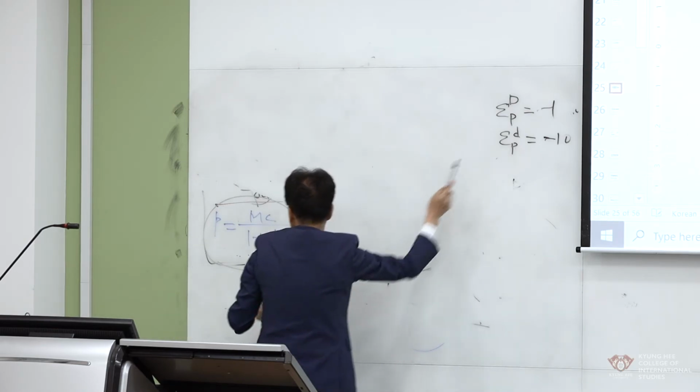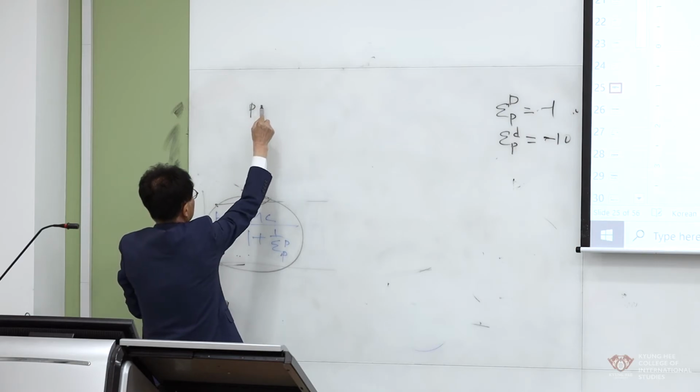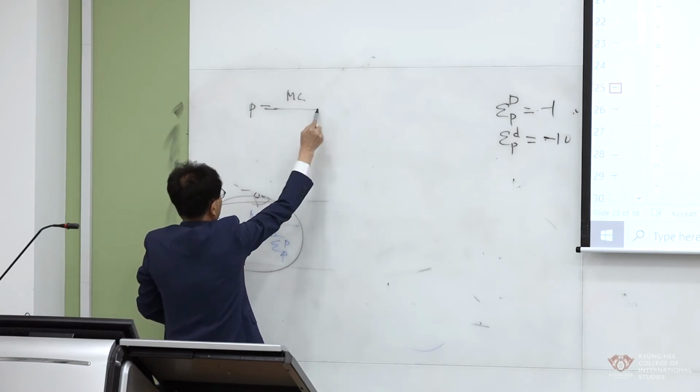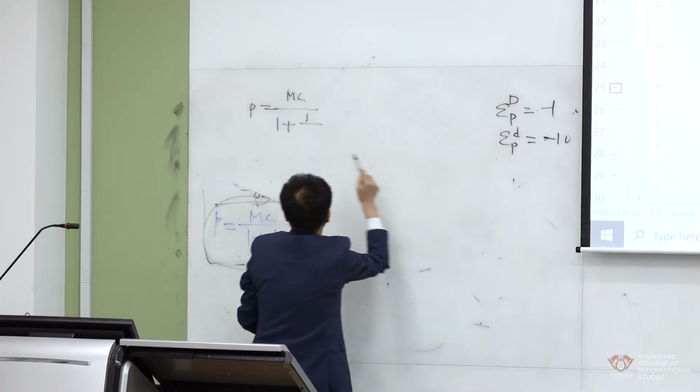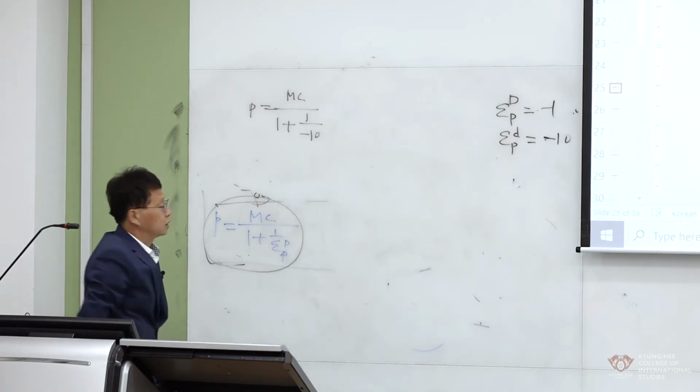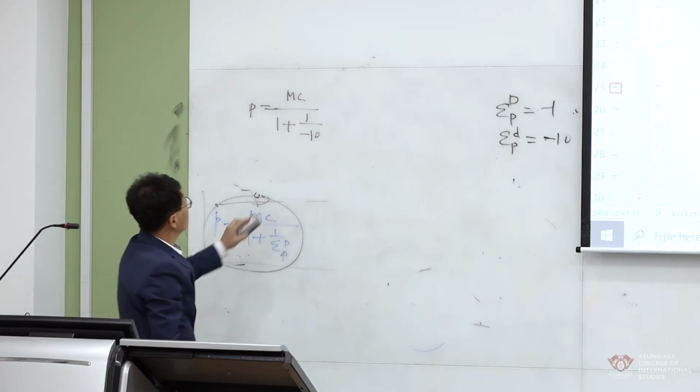This one is -10. So then price is equal to marginal cost over 1 plus 1 over -10. So we can read, right?